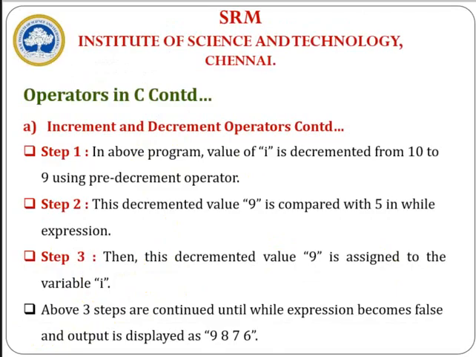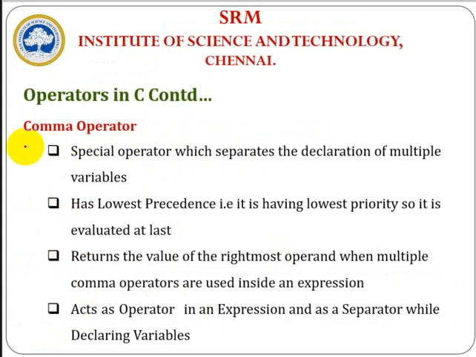Now we will move on to the next one, which is the comma operator. The comma operator is used to separate multiple declarations of variables. Also, when you have the lowest precedence, which means the lowest priority, that will be evaluated at the last, and at that time also we can use the comma operator.